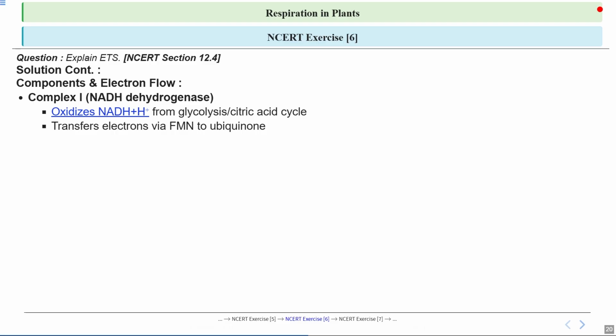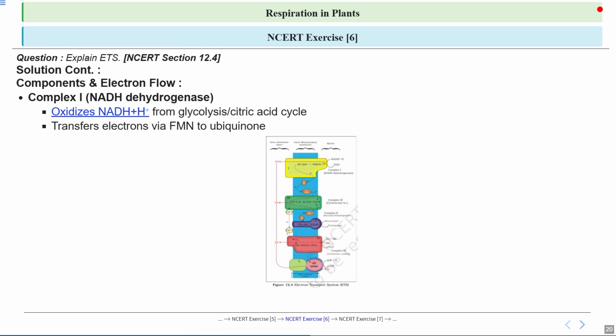It then transfers the electrons via FMN to ubiquinone. Ubiquinone is a mobile electron carrier. So here we can see that in complex 1, the electrons from NADH plus H plus are transferred via FMN to the ubiquinone. Ubiquinone will further carry these electrons to the next complex, which is complex 3.